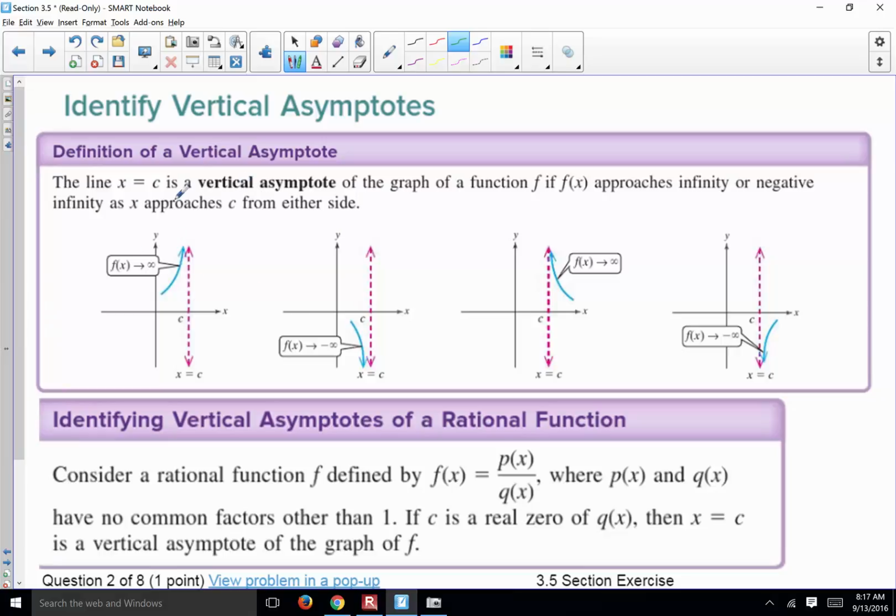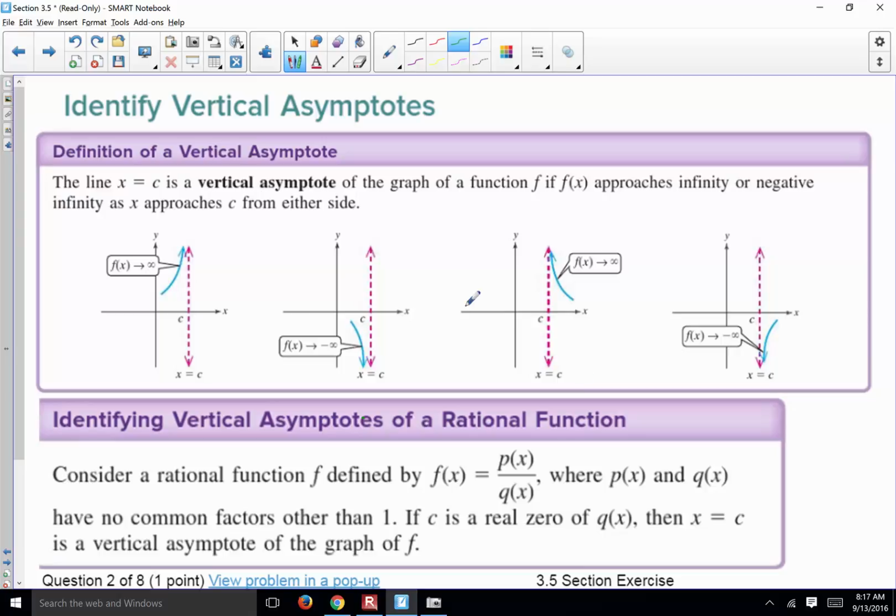Again, the formal definition of vertical asymptotes is it's a vertical line. Your curve either goes towards it to infinity or negative infinity from left or right, okay, sometimes from both sides the same, both going up or both going down.